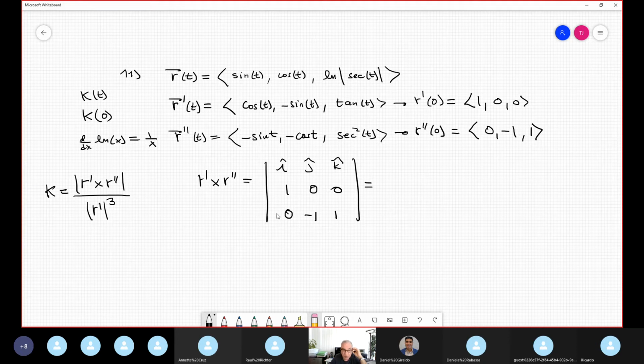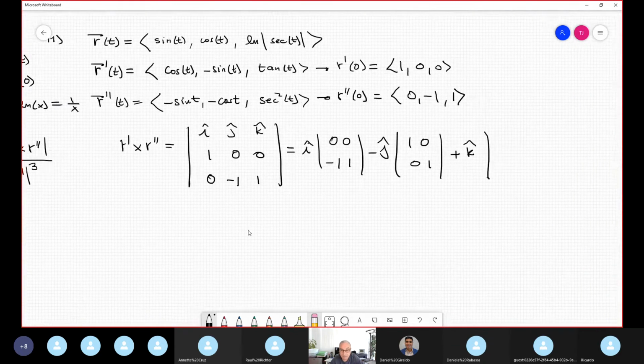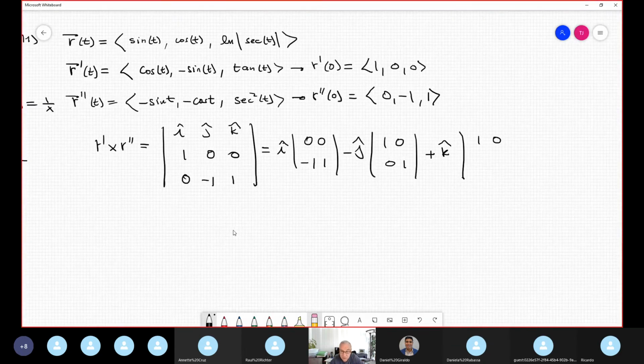Okay? One more time, I am bored to do that. I is the determinant of 0, 0, negative 1, 1. Minus j, 1, 0, 0, 1, good. Plus k, 1, 0, 0, negative 1.